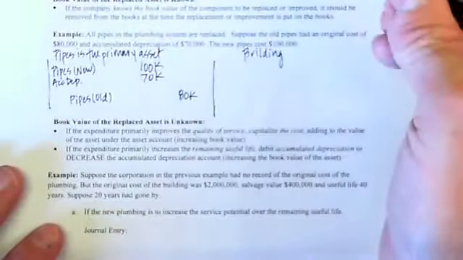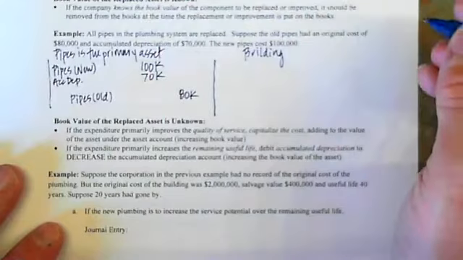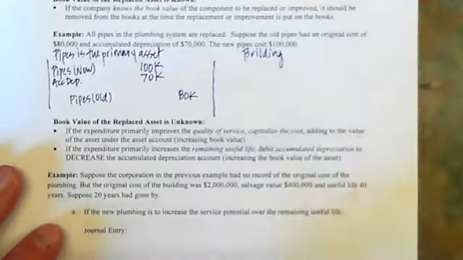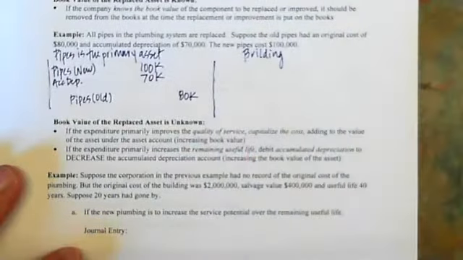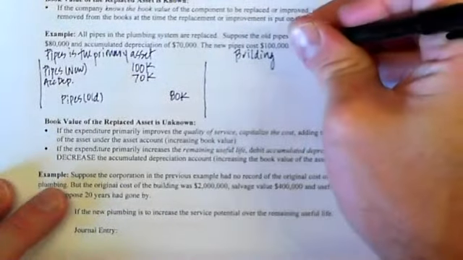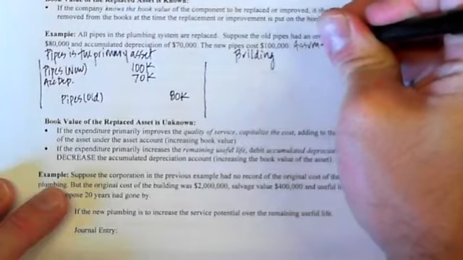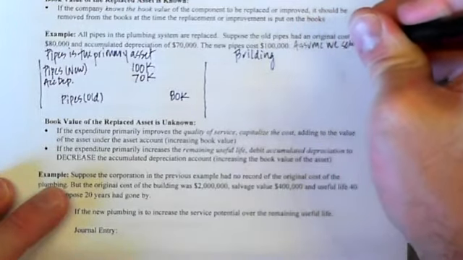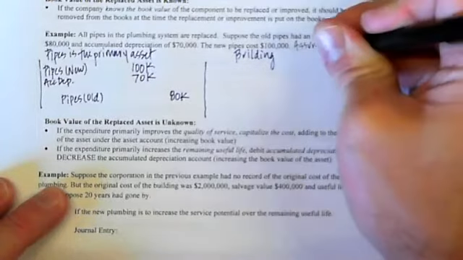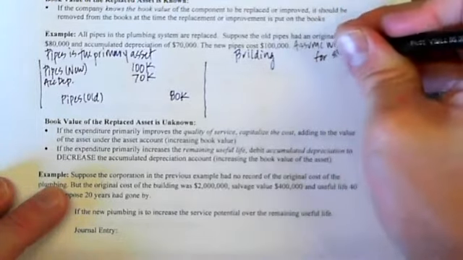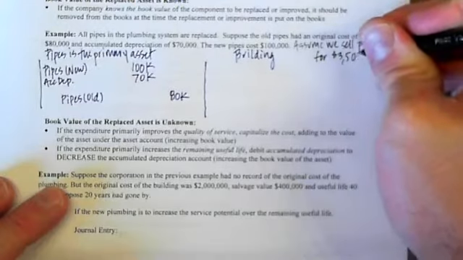We get some cash on the deal. I was going to say we could assume, but if we did get some cash, because one of your problems do. So I'll say assume we sell pipes that are old for scrap of $3,500.